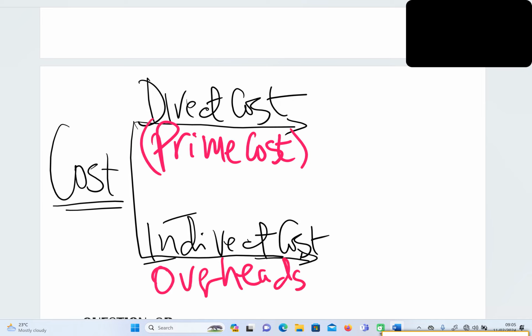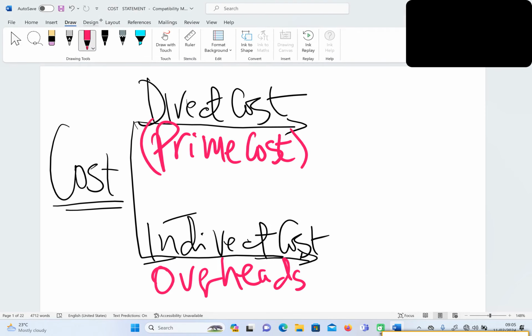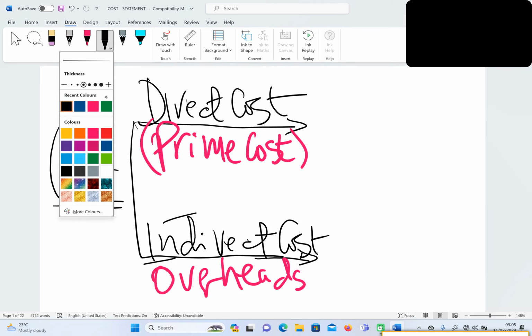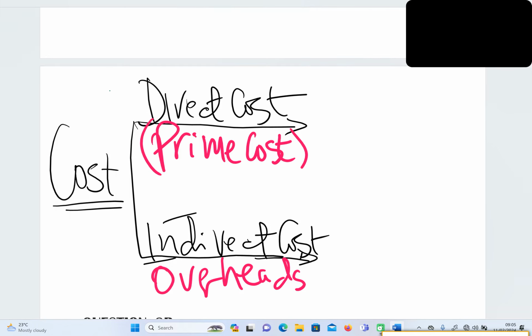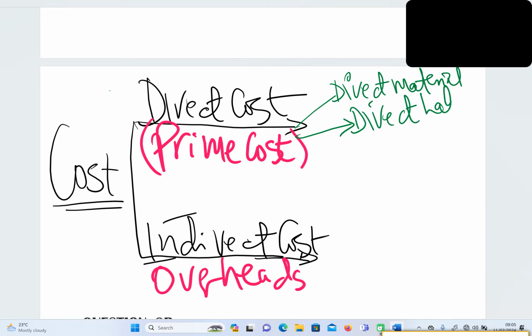That is very important. Now the prime cost contains the following costs. Number one, we have direct material. Then we have direct labor. Then we have direct expense.